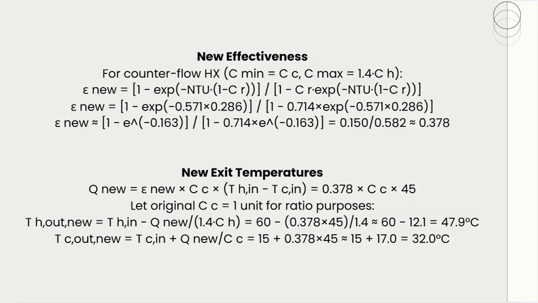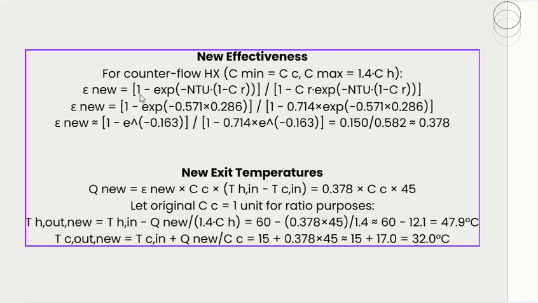After getting capacity ratio, we'll find new effectiveness. The new effectiveness will be using this formula, which is 1 minus e power minus NTU into 1 minus CR, whole divided by 1 minus CR into e power minus NTU into 1 minus CR. We get new effectiveness as 0.378.